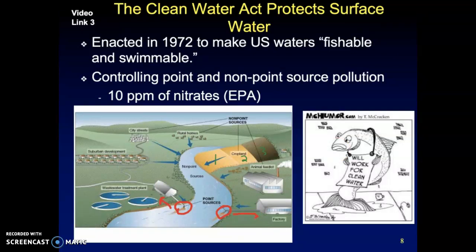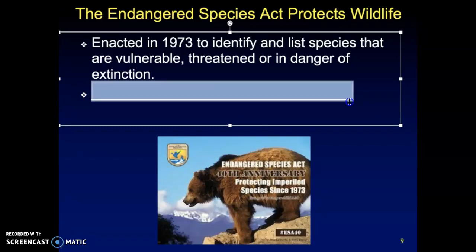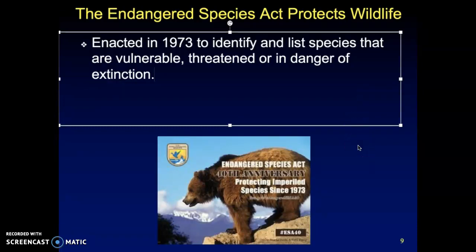All right. So let's take a look at a thing called the Endangered Species Act. This is to protect wildlife. It started in 1973. The goal was to identify and list species that are vulnerable, threatened, or in danger of extinction. We have a lot of species out there that are sitting under this act and being protected by this act because of where we're at with mass extinctions.